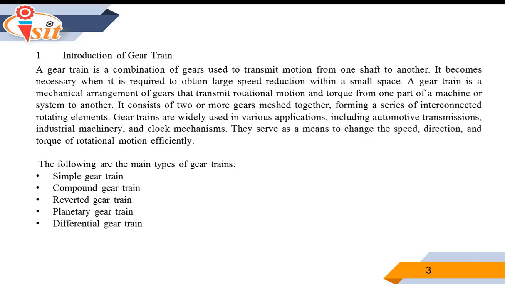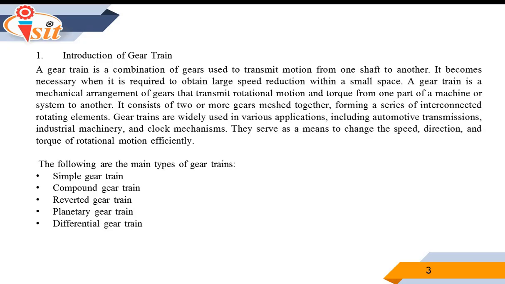Gear trains are widely used in various applications including automotive transmissions, industrial machinery and clock mechanisms. A gear train is a mechanical system consisting of two or more gears arranged to transmit motion and power from one shaft to another.